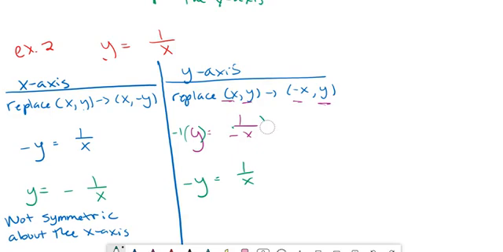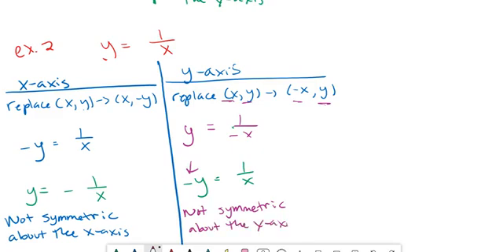So in this particular case, that again was not helpful. So I tried one of my simplifying techniques because I didn't have anything else I could do. But it still doesn't match the red one exactly because of the negative that's over here. So again, I'm going to say this graph is not symmetric about the y-axis.